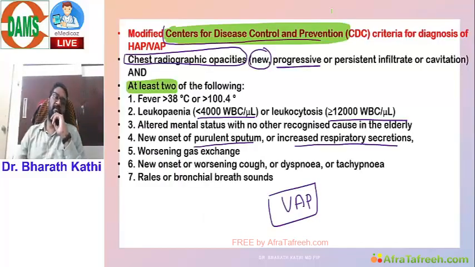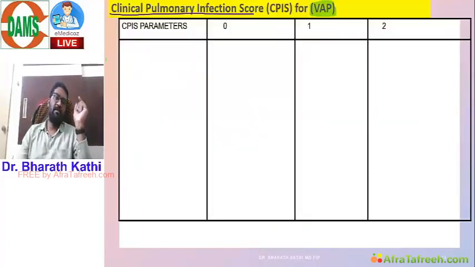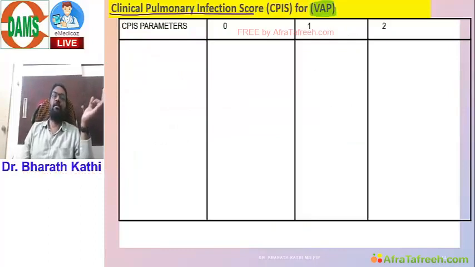The previous system is for both hospital acquired and ventilator associated pneumonia, so you can use it to diagnose nosocomial pneumonia generally, let it be hospital acquired or ventilator associated. But this CPIS is used for ventilator associated pneumonia.